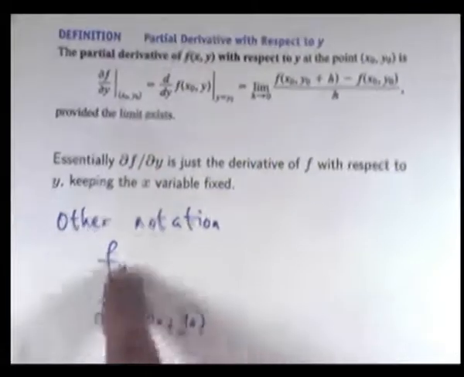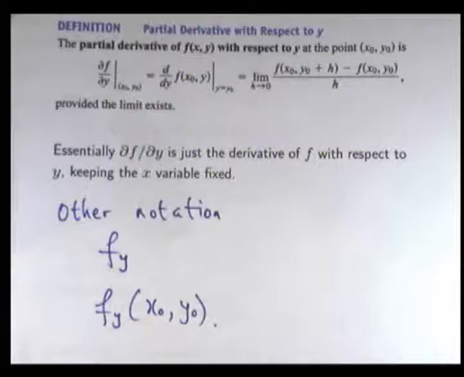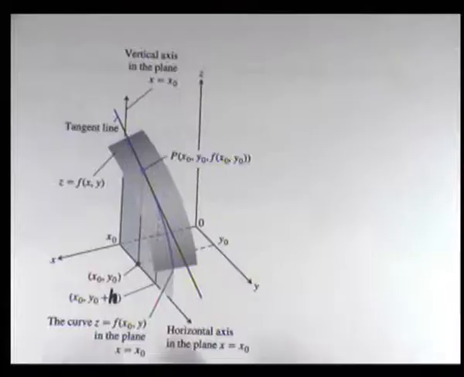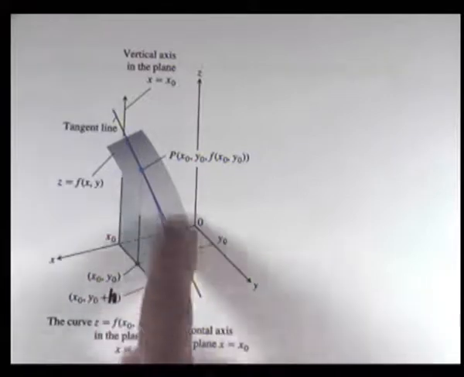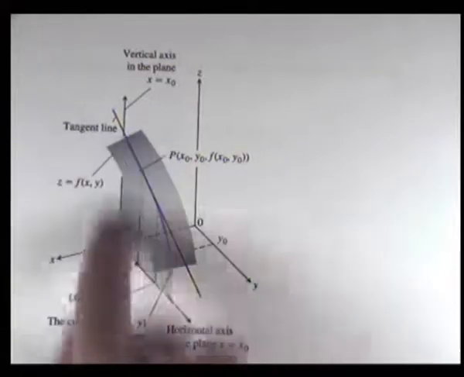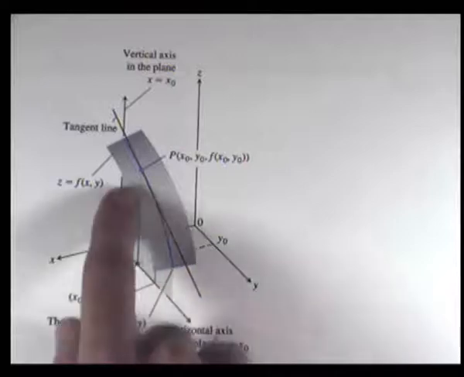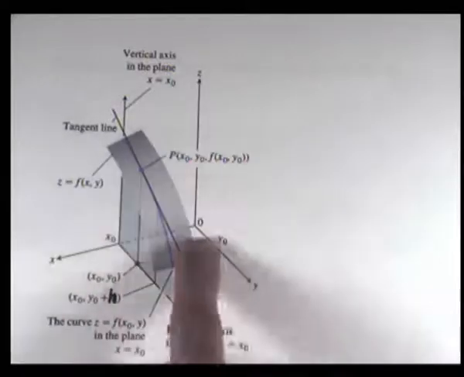And you can have the subscript notation just like you can for f sub x. df dy, of course, is just the slope of another tangent line. But here you see the green plane is parallel, in this case, to the zy plane.